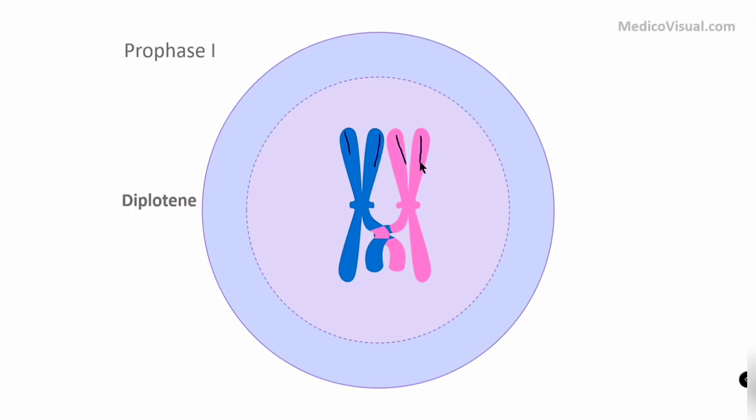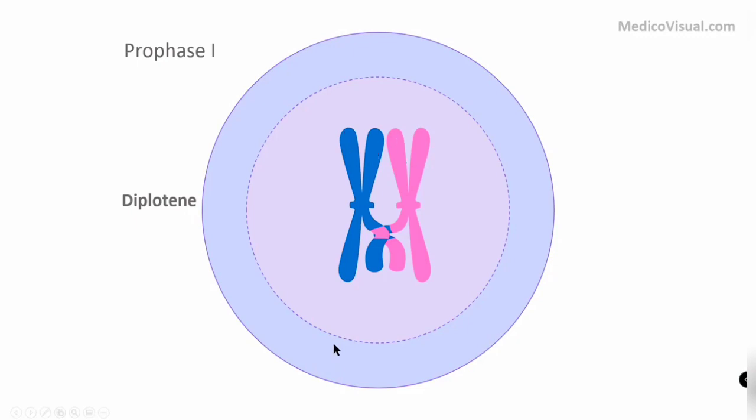So we have 4 chromatids. In reference to chromatids, there are 4 chromatids, so we call it a tetrad. So homologous chromosomes are bivalent as well as tetrads. Bivalent as far as chromosomes are concerned, and tetrad as far as chromatids are concerned, right?